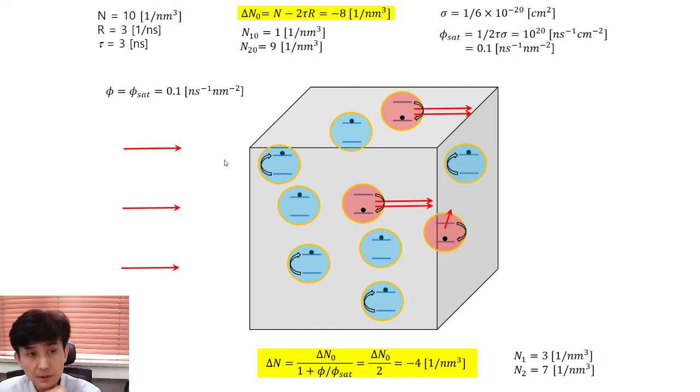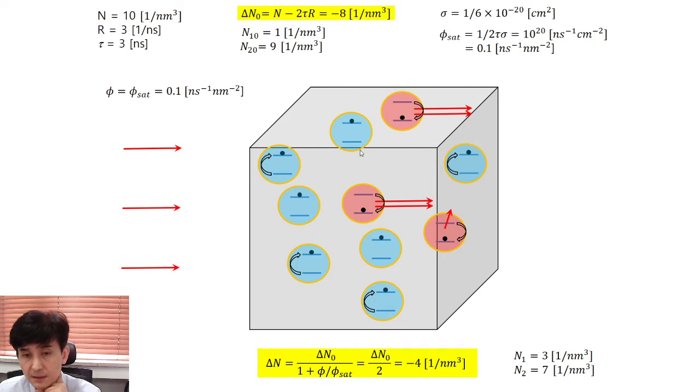So the initial population inversion delta n0 was -8, with this pumping ratio R equal to 3 atoms per nanosecond. This population inversion is decreased from -8 to -4. That means n1 is equal to 3 and n2 is equal to 7.